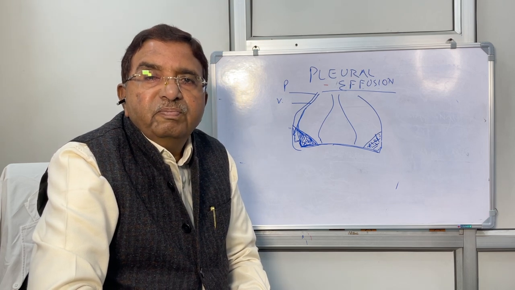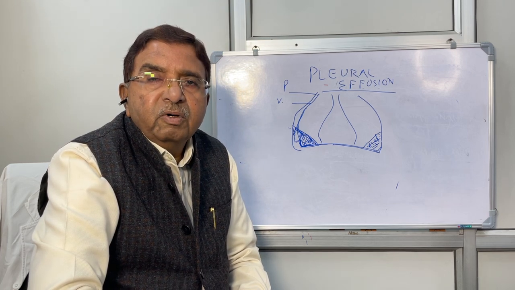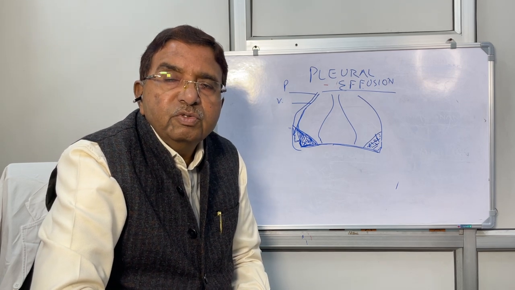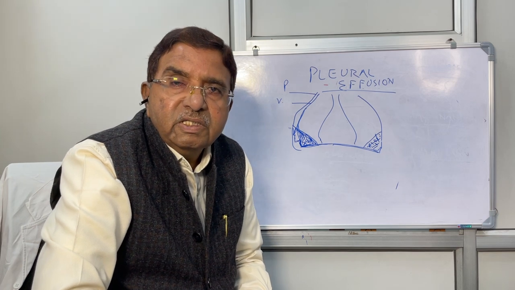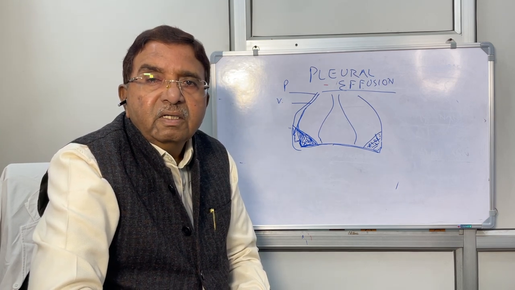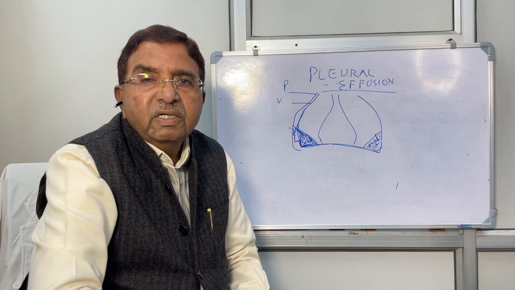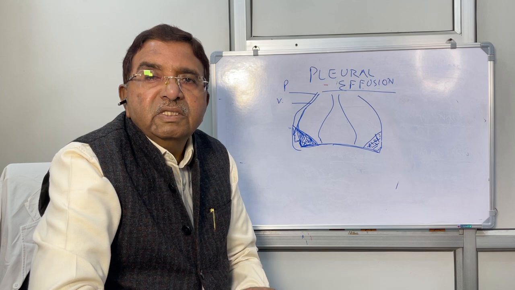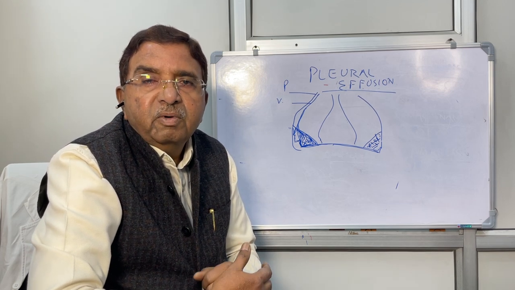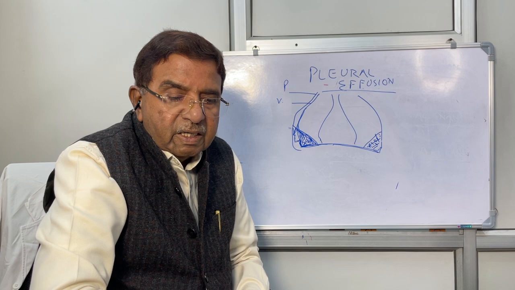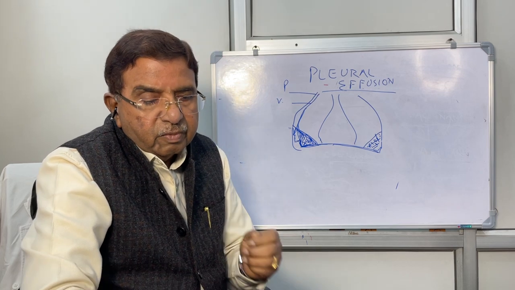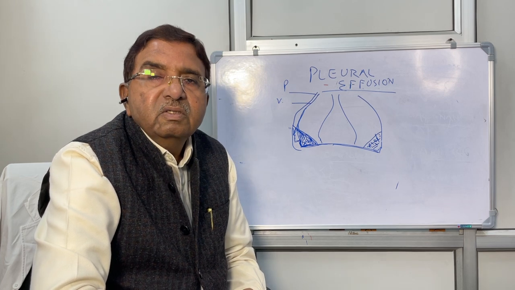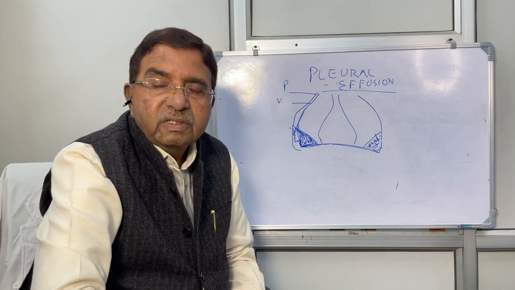Now, the etiology of pleural effusion depends upon the causative factor. If the pleural effusion is due to transudative fluid, the etiologies are the following: number 1 is congestive heart failure, number 2 hypoproteinemia, number 3 portal hypertension, number 4 nephrotic syndrome, etc. These are systemic disorders which cause transudative pleural effusion.